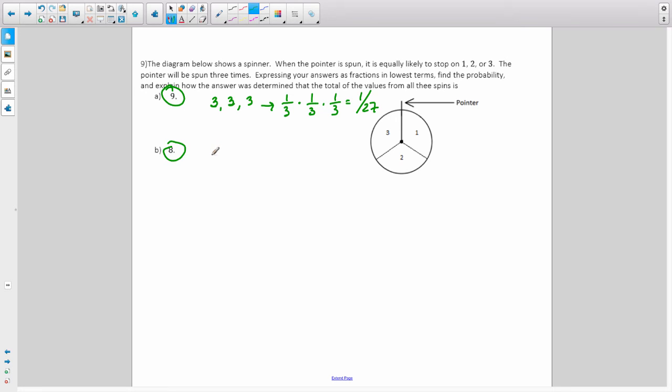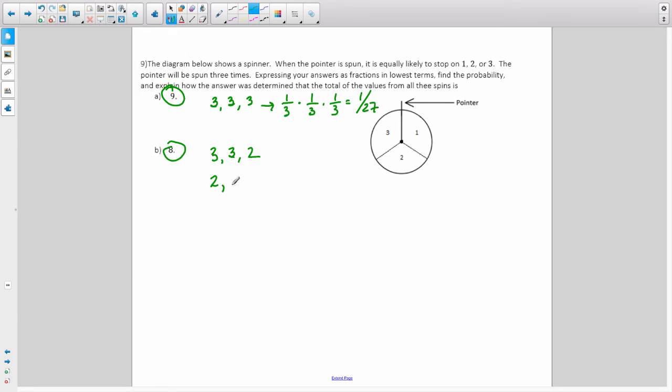How about your 8? There's only one way to do that. 3, 3, 2. Or is there? Dun dun dun. This is a little tricky because what if you rolled a 2? I'm sorry, I always say roll, I apologize. What if you spun a 2?